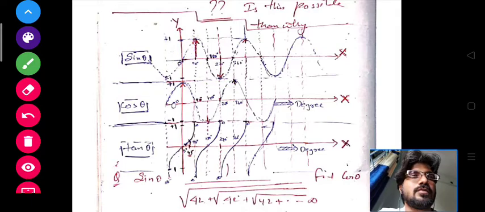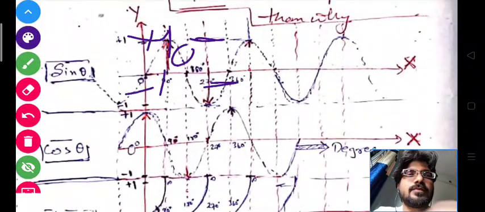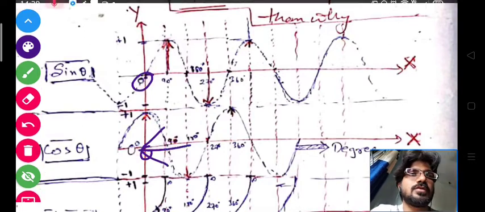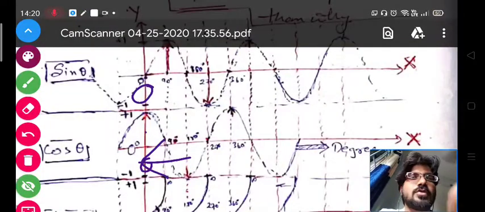Let me brief it. Sine 0 is 0, but cos 0 is 1, because the entire graph has shifted in this direction.